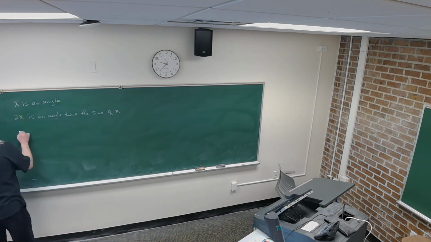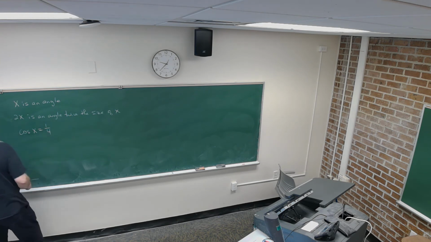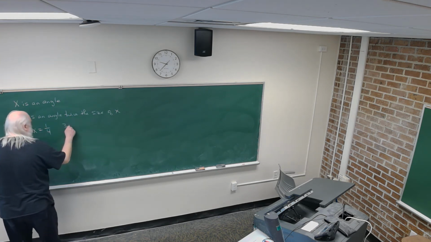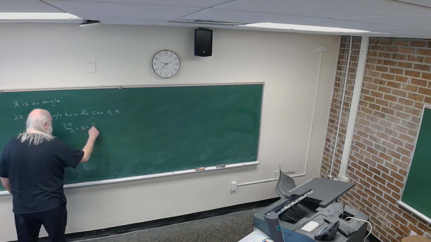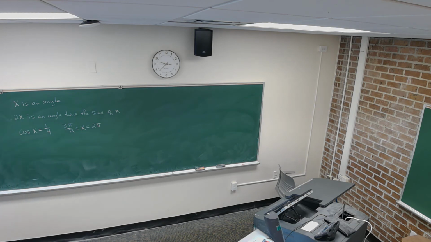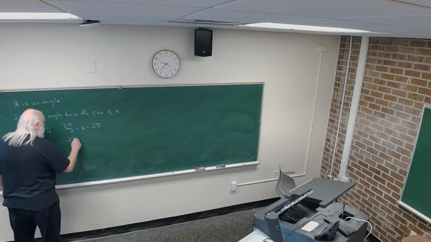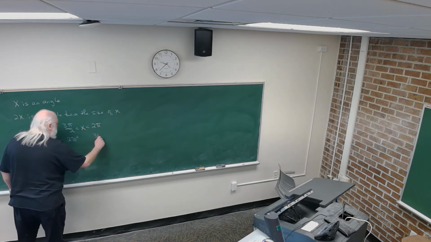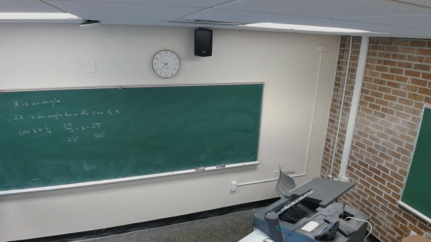So we're given the cosine of the angle x is equal to 1/4, and the angle x is greater than 3 pi over 2 radians and less than 2 pi radians. You reckon that 3 pi over 2 radians is the same as 270 degrees. 2 pi radians is the same as 360 degrees.